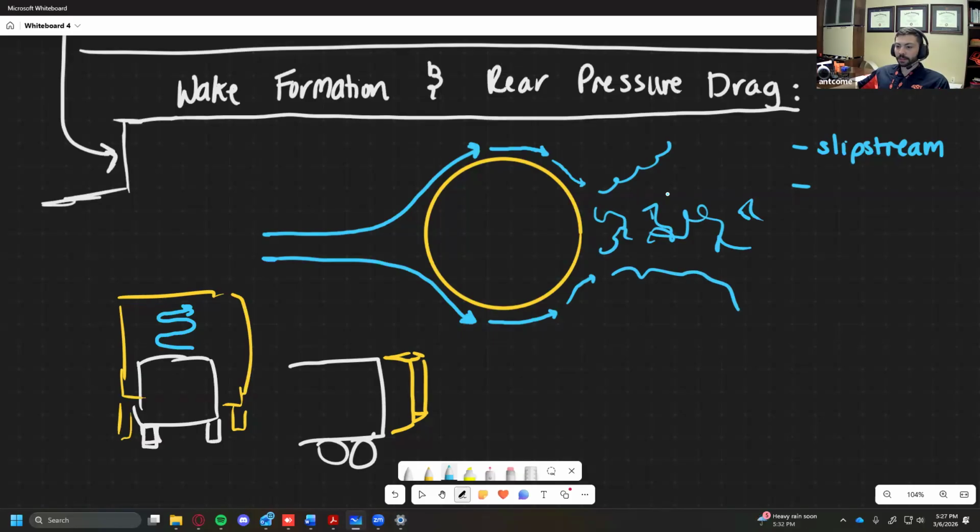This creates a lot of low pressure, because everything comes down to pressure. So this creates low pressure because this was a high pressure region because we're blowing straight on this face. And in the back, the flow is getting sucked away from the face.